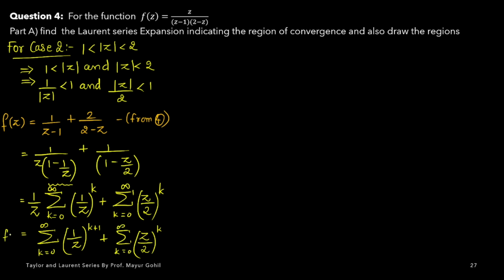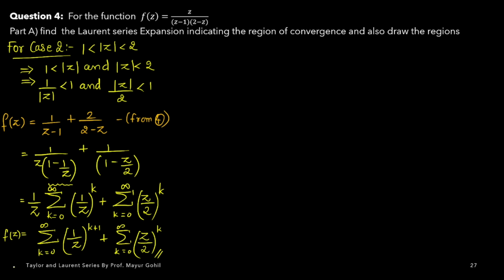Now there is no chance of expanding or simplifying this. You can expand these infinite series, there is no problem, but the answer is going to remain the same. So this is the Laurent series expansion for case number 2. You can stop your answer over here for case number 2.